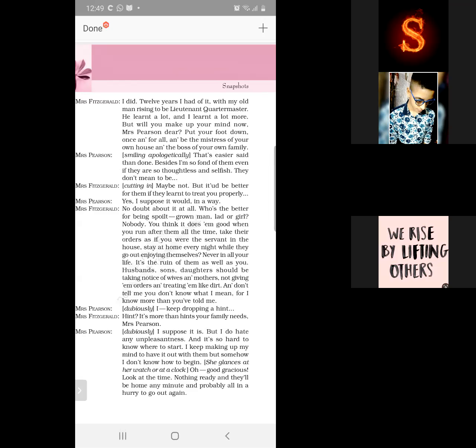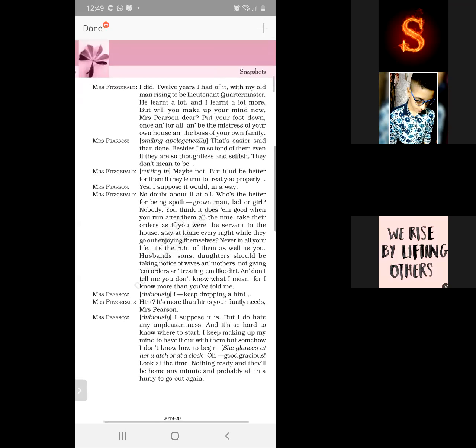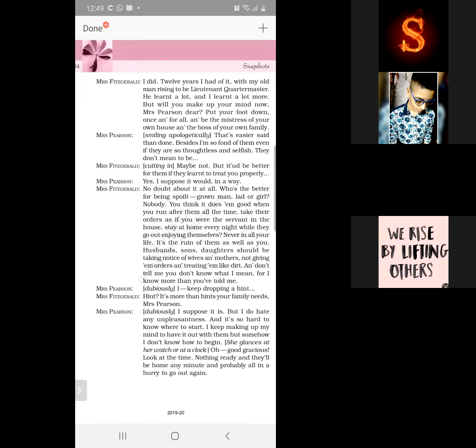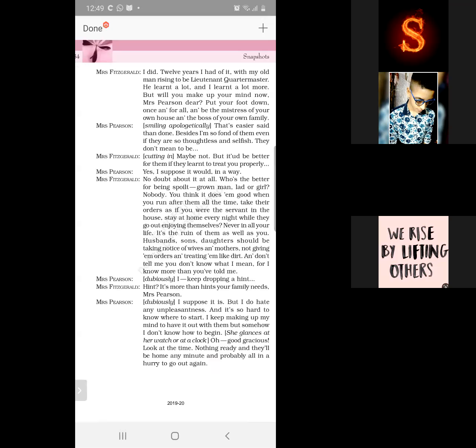Mrs. Fitzgerald here says, maybe not, but it would be better for them if they learn to treat you properly. If they treat you properly, things will be much better for you. Why do you want to suffer? On this, Mrs. Pearson agrees with her, but she is a very soft lady who doesn't know how to treat people, especially her family members, in a harsh manner to put them on the right path.